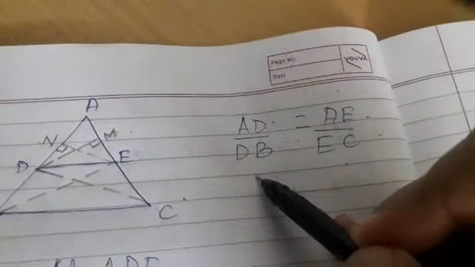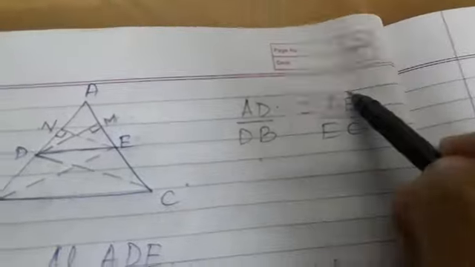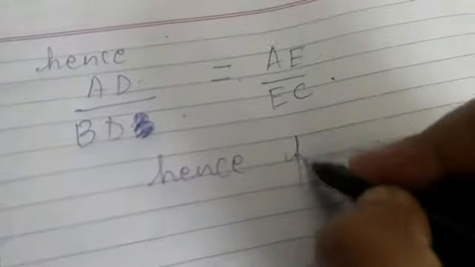Check once more. AD upon DB is equal to AE upon EC. Okay, so this is what we have to prove. We'll write hence proved.